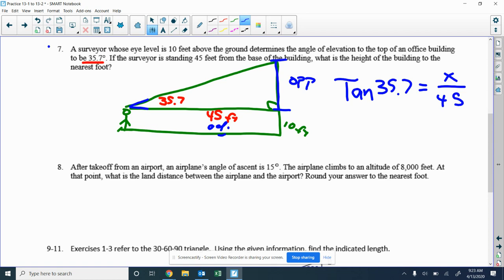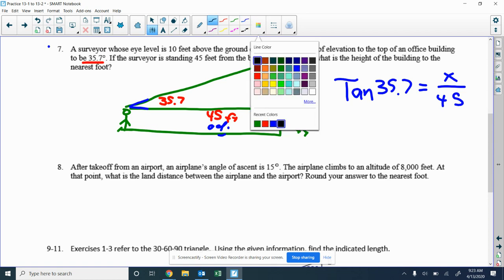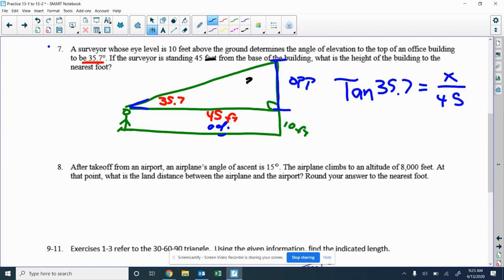And you should get, for this height right here, around 32.33 feet. Remember, though, we need to add this 10 to it. So your final answer is 42.33 feet. So we had to add that 10 because he's standing up there.